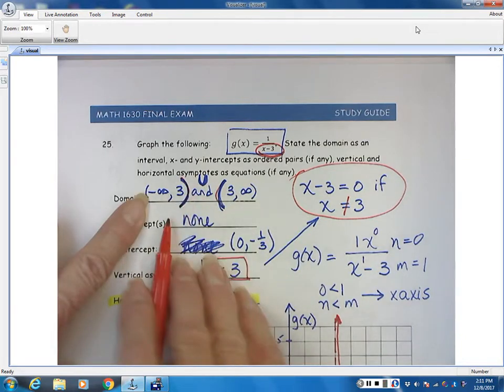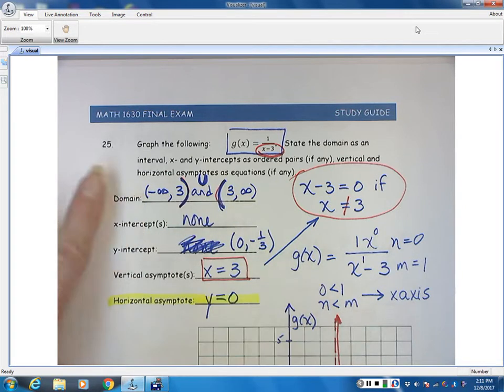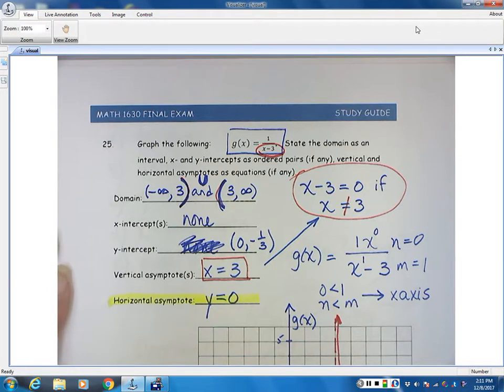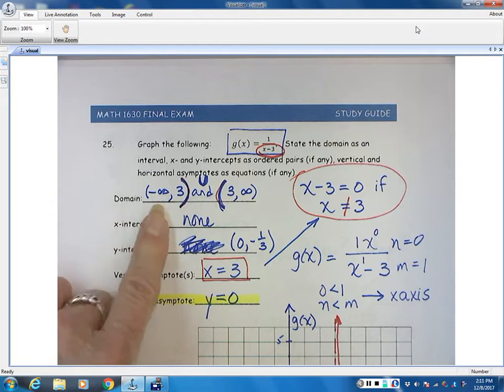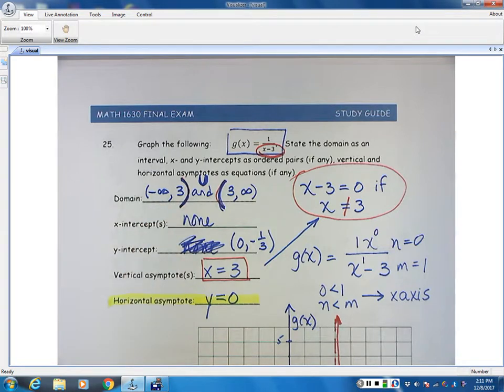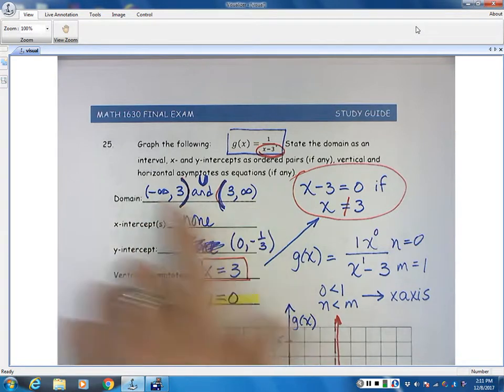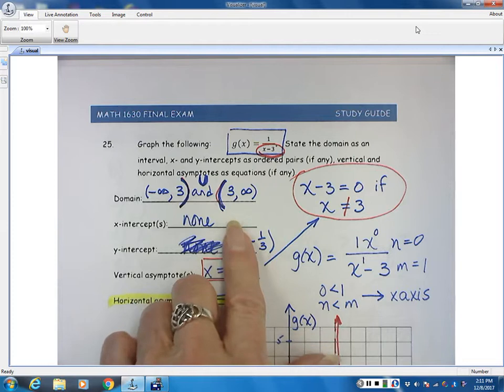So you just show that you skip it. And actually, if you don't write it in interval notation, if you can just tell me x can't be 3, that's good. I want to know that you know where the problem is. It doesn't have to be interval notation. That's not an absolute requirement. Just tell me what the problem is.